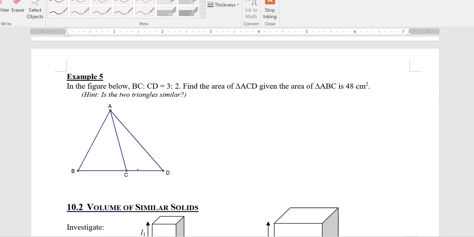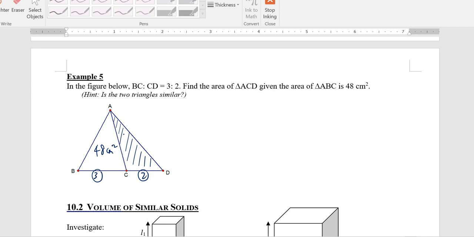In example 5, we are given that BC is to CD is 3 units to 2 units, and we are asked to look for area ACD, given that ABC is 48 cm squared.